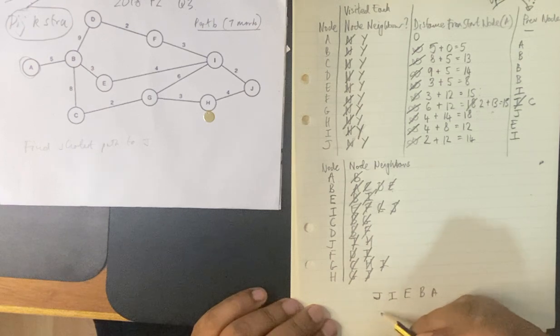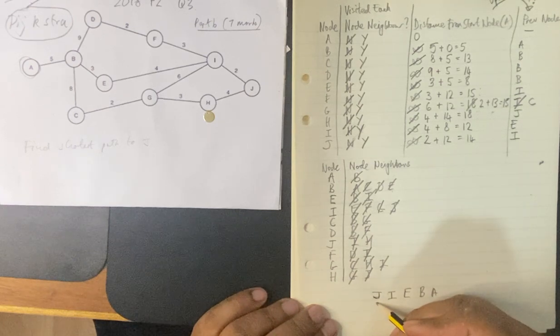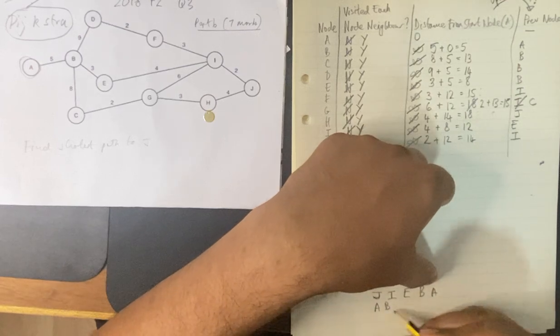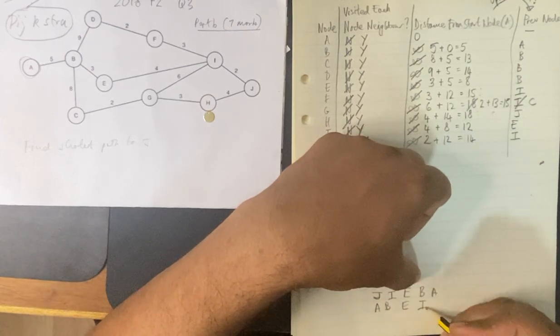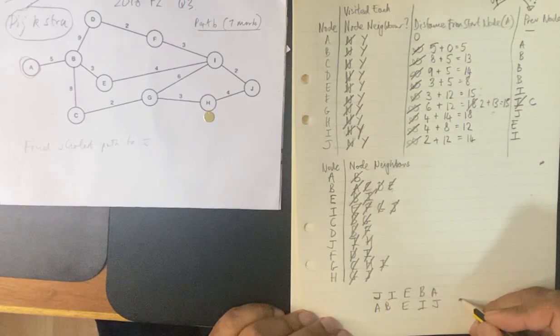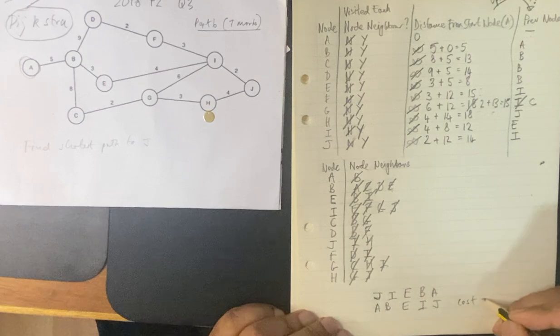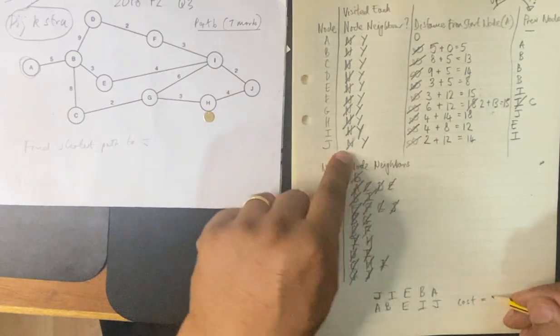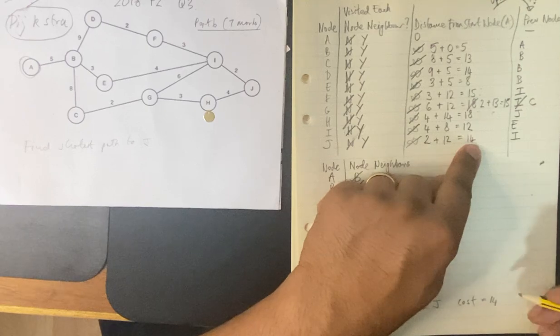But we need it. Let's get the path in the correct order. So let's just reverse this. So that would be A, B, E, I, and J. And then the cost of that path, the shortest path, will be here, 14. Okay.